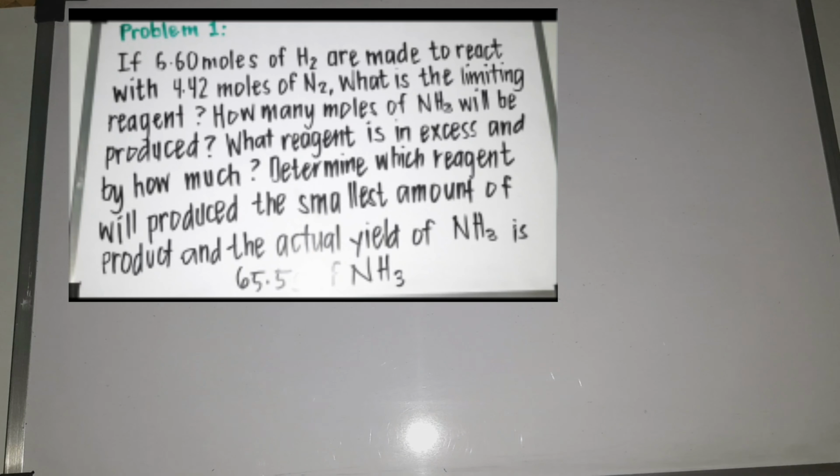So now we will answer the last question, which is finding the percentage yield of the chemical equation if the actual yield is 65.5 grams of NH3. From our previous solution, we now found the theoretical yield.